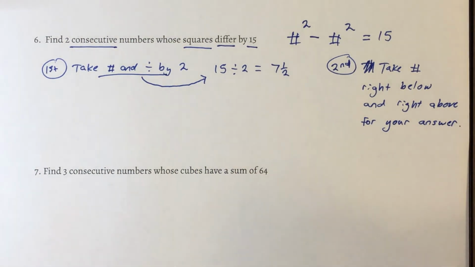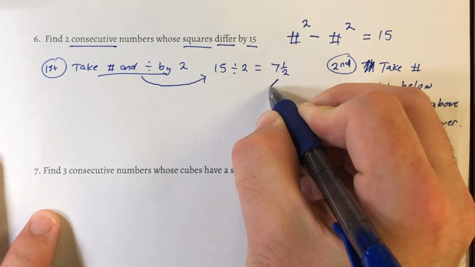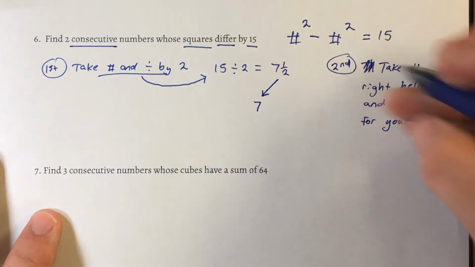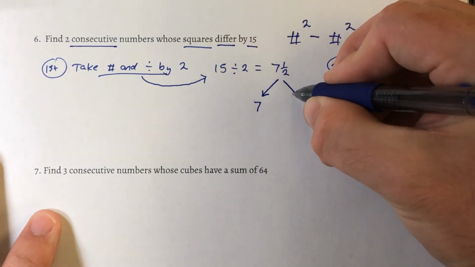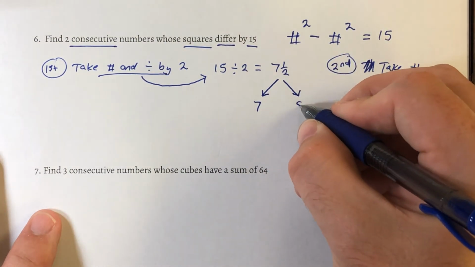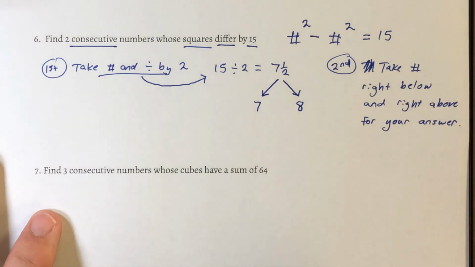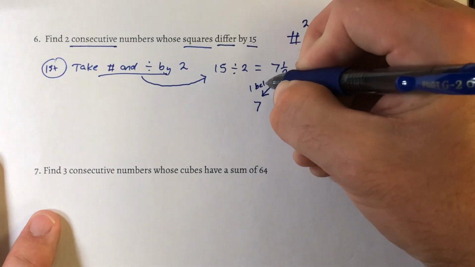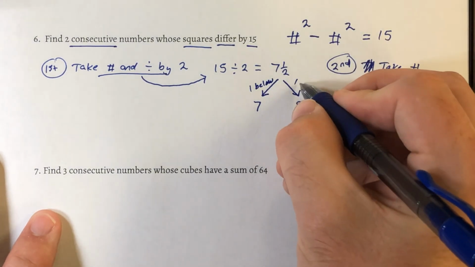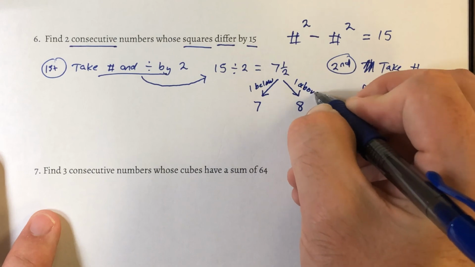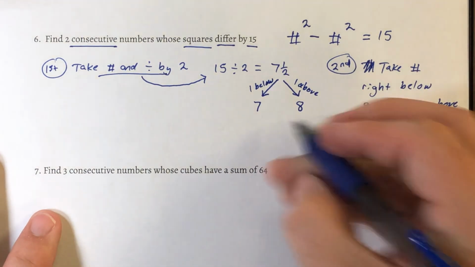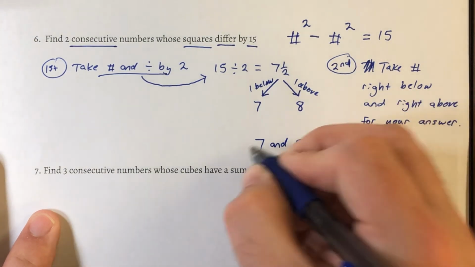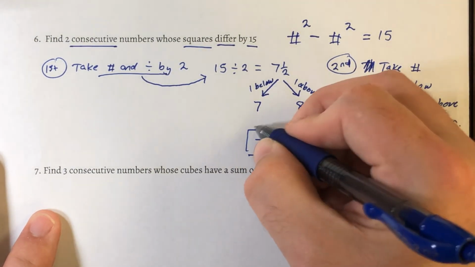So let's look at what that means. If I look at 7.5, what whole number is right below 7.5? 7. What number is right above 7.5 on a number line? 8. So that means 7 and 8 are our answers. Again, this was one below, and this was one above. So 7 and 8 are our answer.